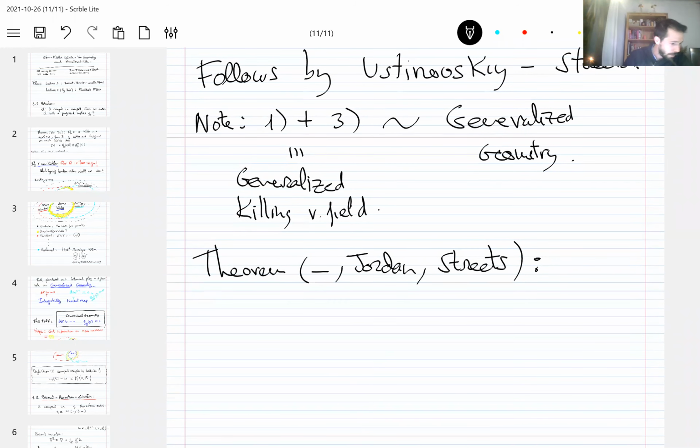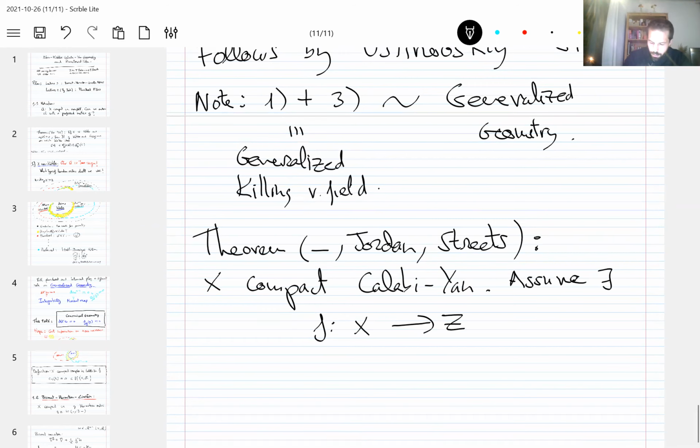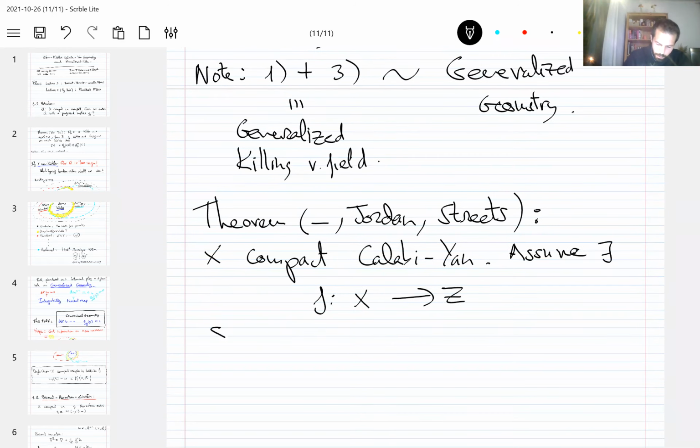So assume that X is compact Calabi-Yau, and assume that there exists a holomorphic map f from X to Z, such that this is holomorphic.